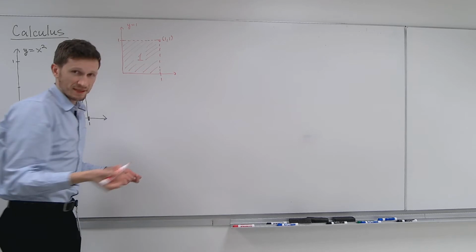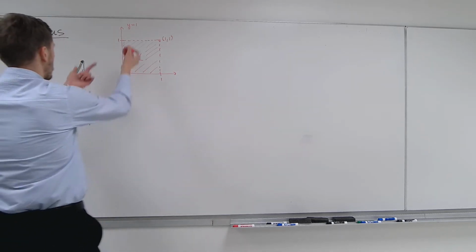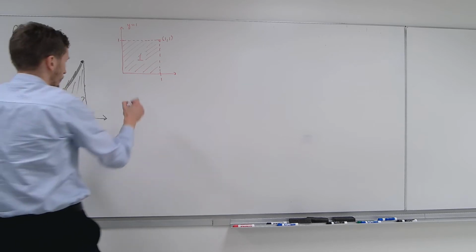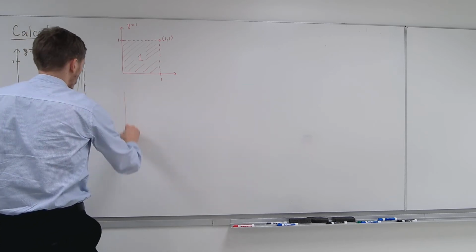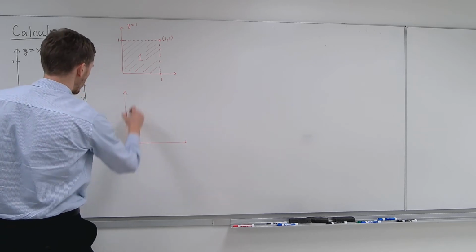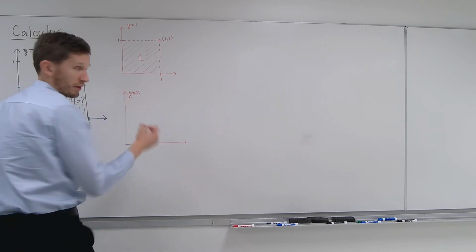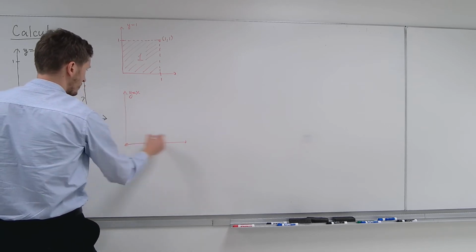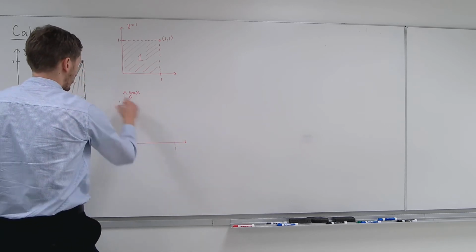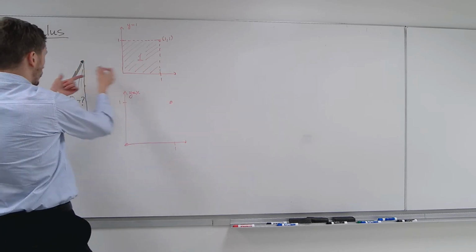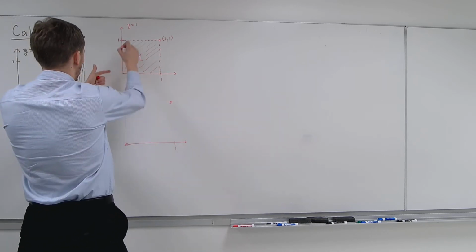Well, maybe the next thing I would want to try is, okay, well, this is 1. Let's try x. This is x squared, and I don't know what that area is, but I can definitely figure out what happens if I do the line y equals x and find the area under it. I don't need calculus or anything for that. Look, y equals x, 0 goes to 0, 1 goes to 1. So there's a point like that, very similar to how this goes to 0, 0, and 1, 1 here.